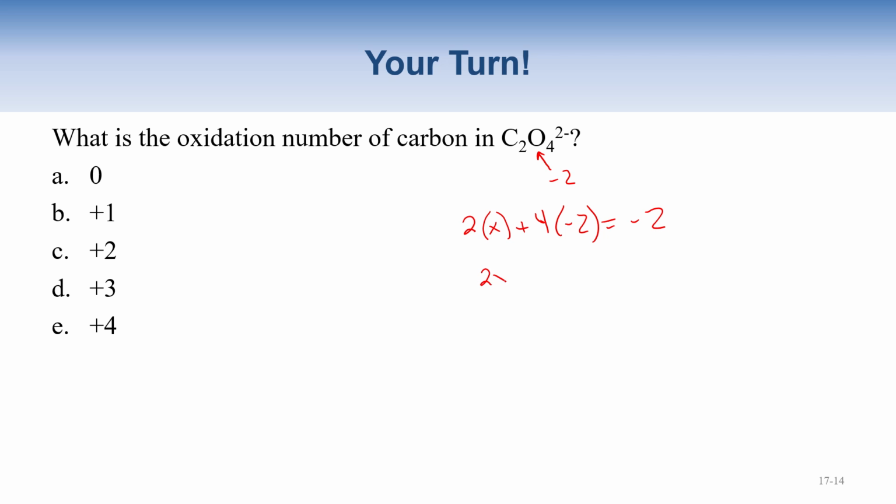So now we have 2x minus 8 equals -2. We're going to add 8 to both sides. 2x equals +6, divided by 2 on both sides. X is equal to +3.